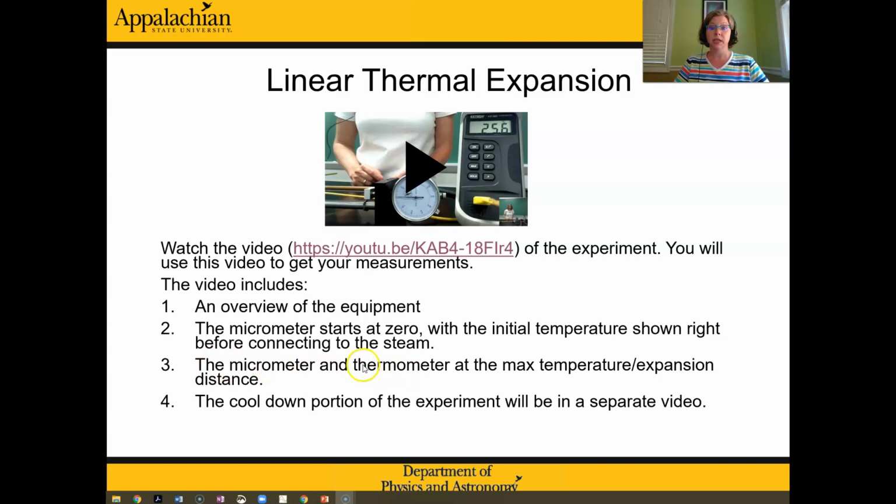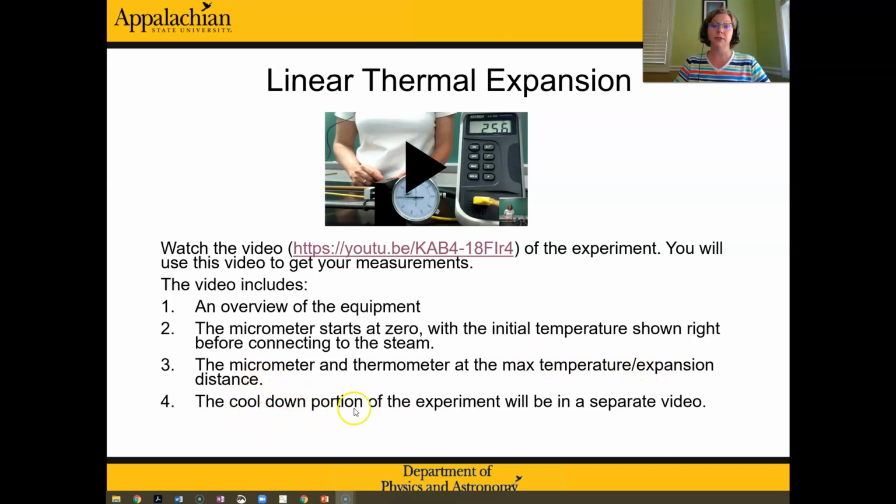The micrometer and the thermometer will be shown while the device is heating up through its connection to the steam. You'll be able to read the max temperature and the total change in length of the metal rod itself.